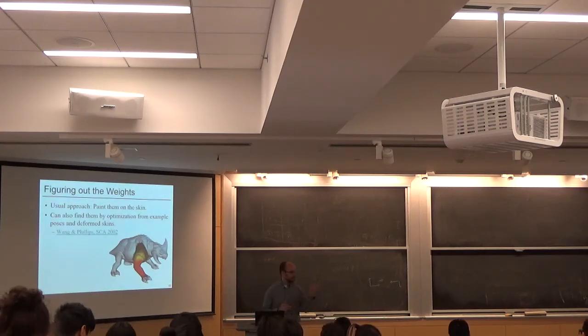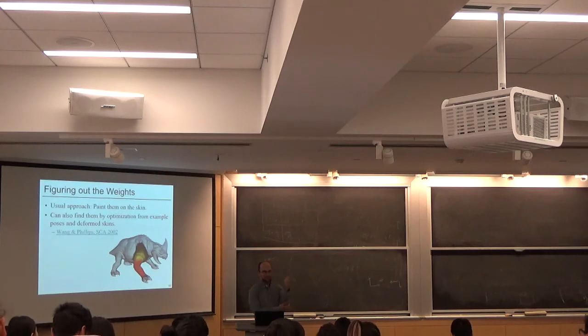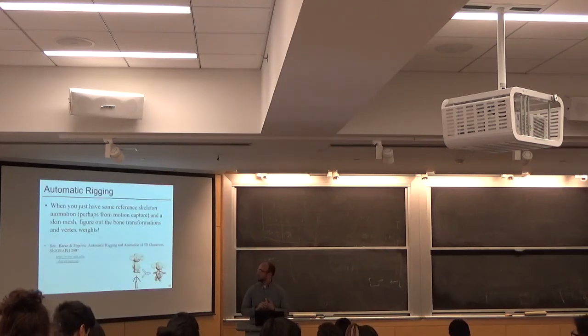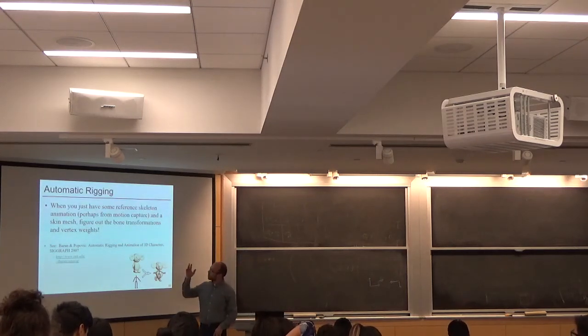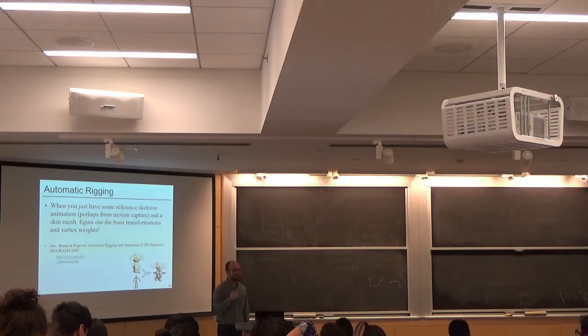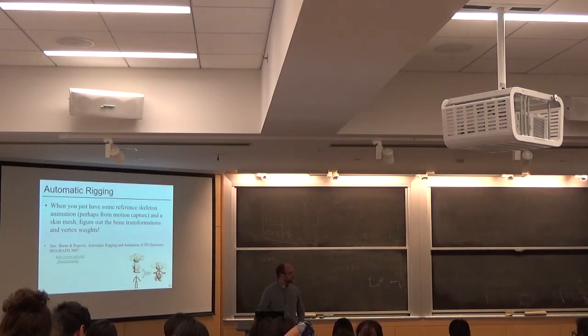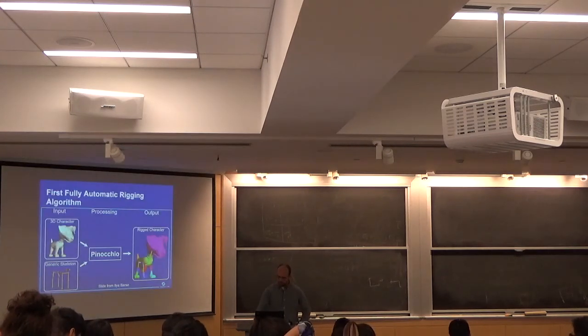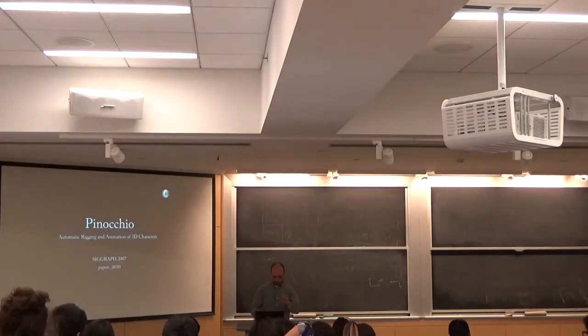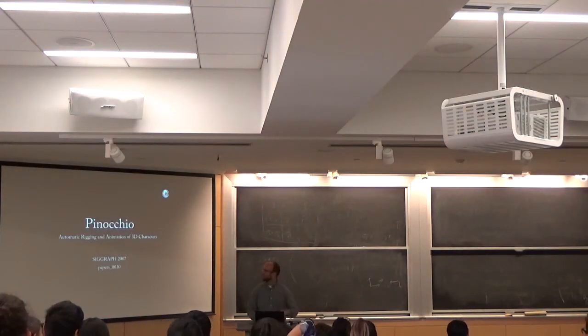Maybe you have a 3D scanner and you just watch as something moves around, and then it's reasonable to guess that you might be able to find some inverse functions that guess your motion. This is called automatic rigging. I think the first instance of this comes from MIT in 2007, so it's pretty recent stuff, where essentially they're given some reference animation, and they want to figure out these transformations. Pinocchio is a software system for automatic animation of 3D characters.